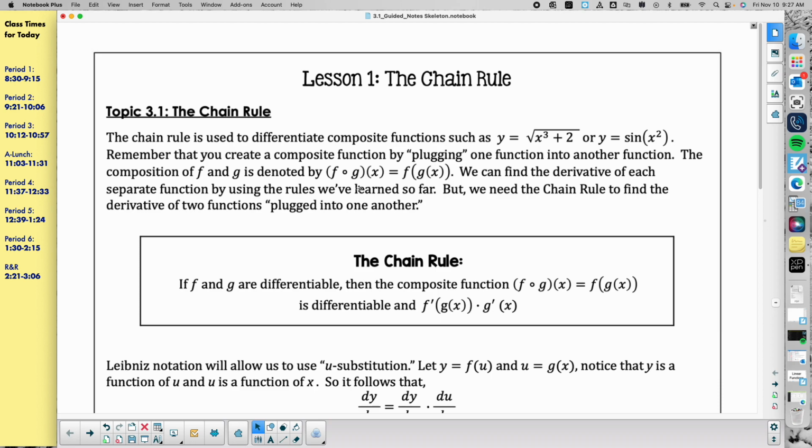So the chain rule, it's for composite functions. I know if you hear composite function, most people aren't going to think much of that. But actually a good majority of our equations are written as composite functions without you realizing it.